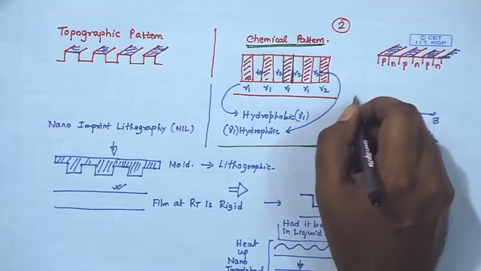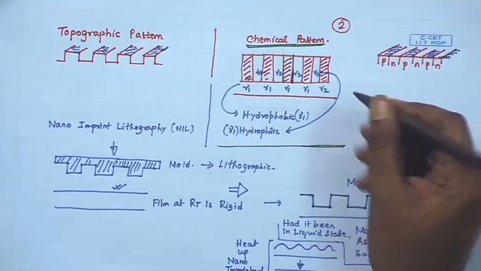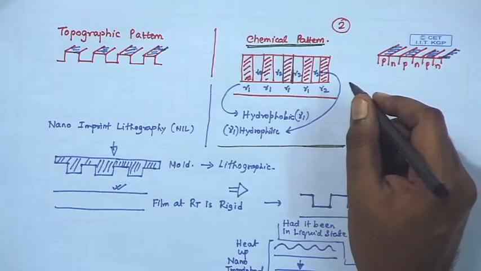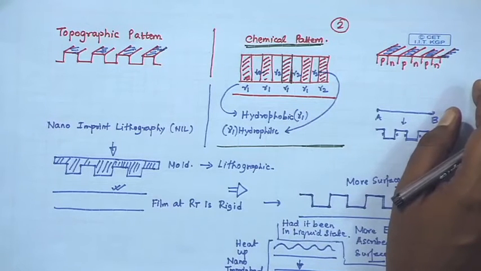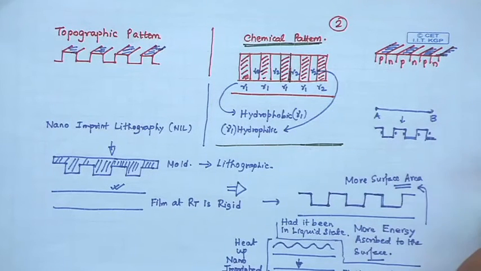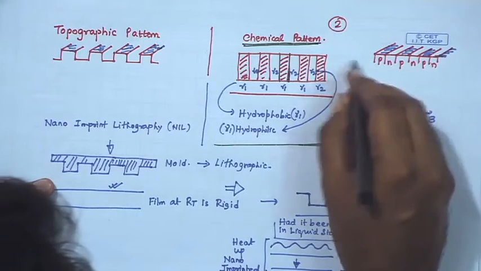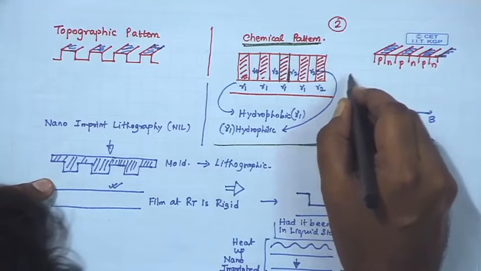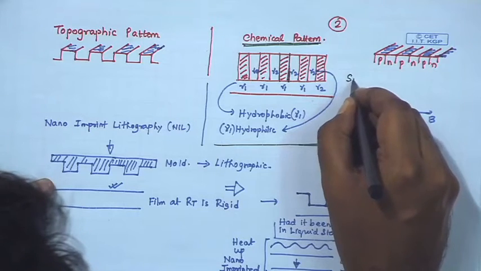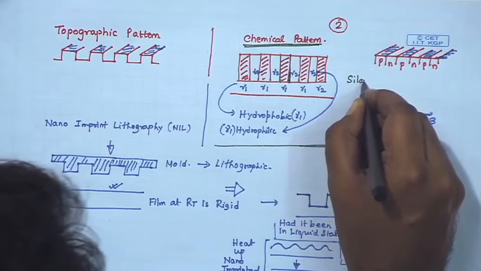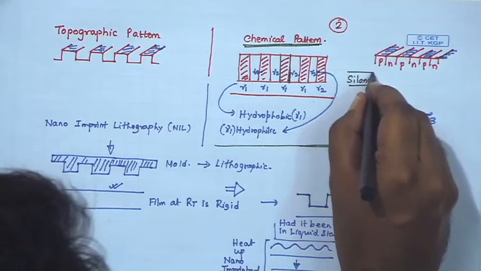In order to create that, of course, some of the things match very closely to other soft lithography methods, like you use a flexible stamp, but in order to create these wettability domains, you need a special type of molecule called a silane molecule.